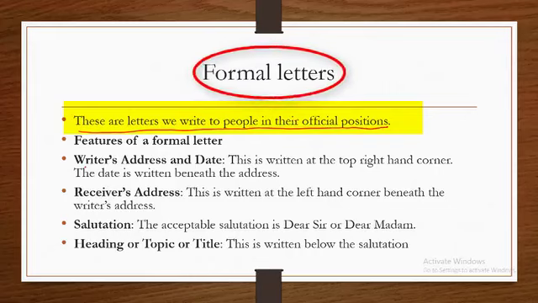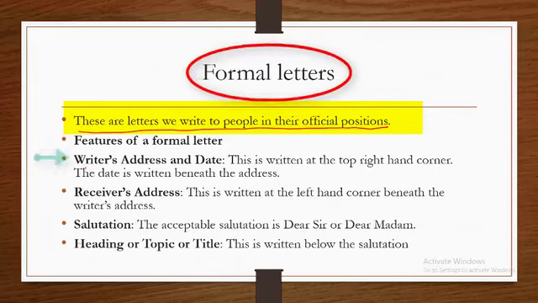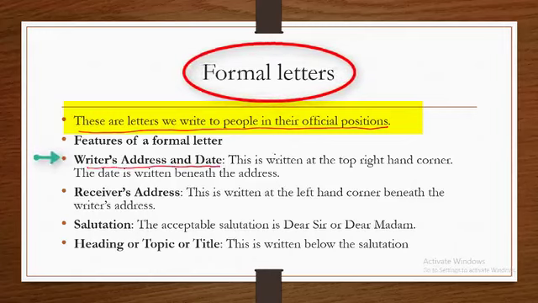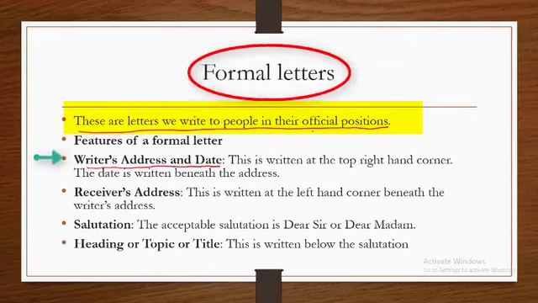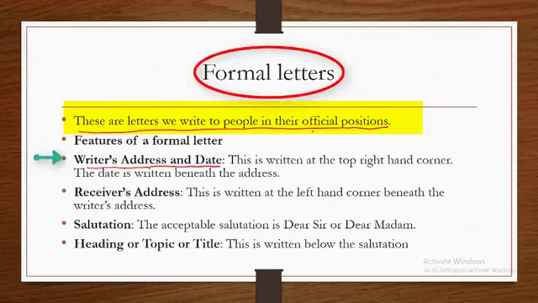Then we quickly want to look at the features of the formal letter. That is, how do we know that a particular letter specimen is a formal letter? We look first at the writer's address. If you're writing a formal letter, you, the writer, must have your address at the top right hand corner of the page.